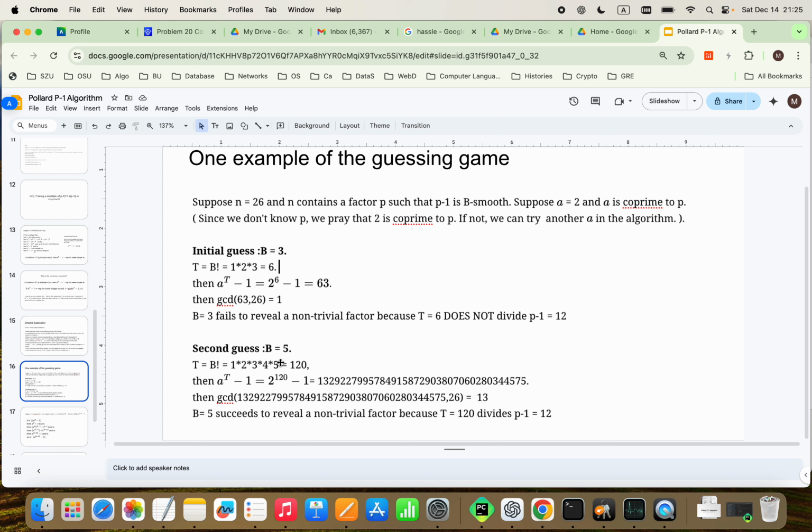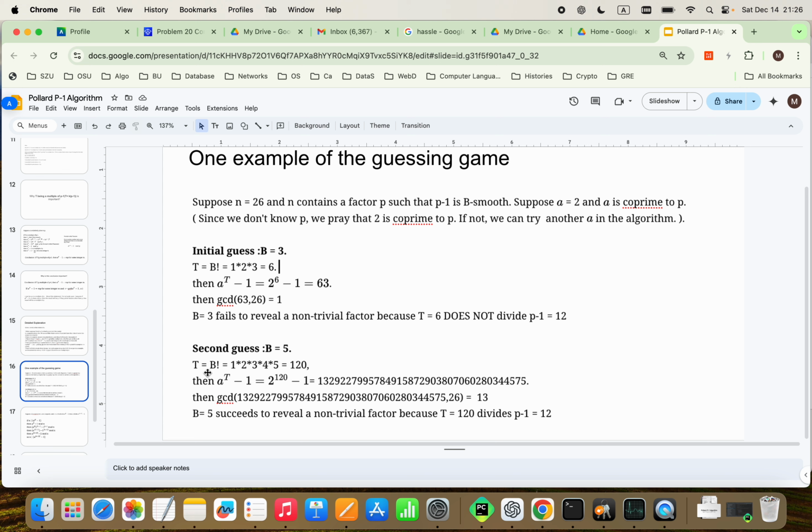But when you increase the b to 5, then t is 120. 120 is a multiple of p minus 1, which is 12. So now this value includes the factor 13 in it. So now you calculate the GCD, then it revealed the prime factor 13 successfully.